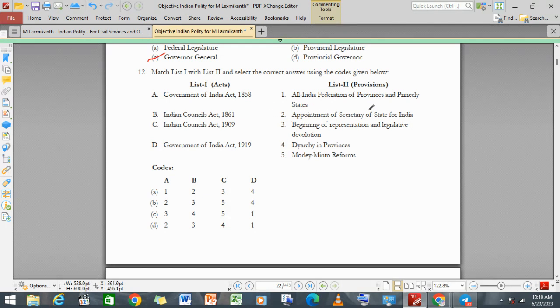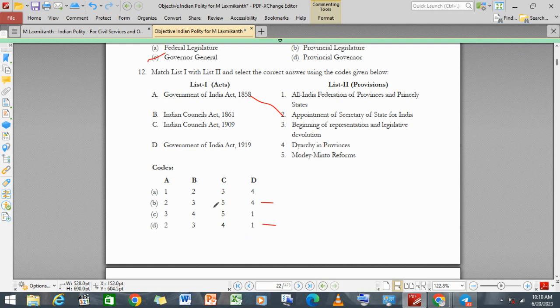Then appointment of Secretary of State of India was done in the initial stage, under the Government of India Act. So think on it. We have either B or D.